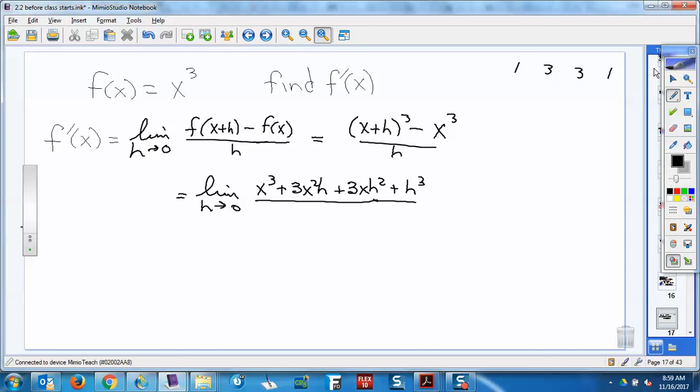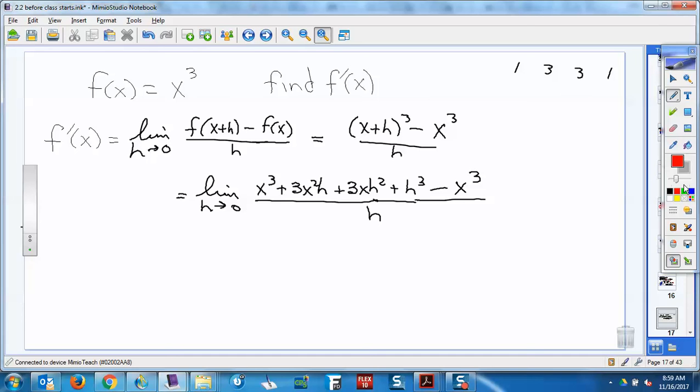So 1, 3, 3, 1, right, on Pascal's triangle. Just saves me a little time. Now, probably not on the quiz. If there is, the highest I would go is x cubed, and you could just do x plus h times x plus h, get that, then do x plus h again, fine. If you don't remember Pascal's or don't want to use it, whatever. And then don't forget the minus x cubed at the end, all over h.